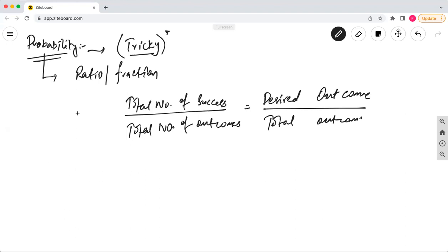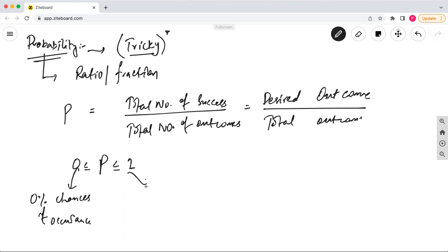This probability is usually represented with P, and it must be greater than or equal to 0 and less than or equal to 1. 0 means there is 0% chance of occurrence, and 1 means there is 100% chance of occurrence, so it is certain that the event will happen.